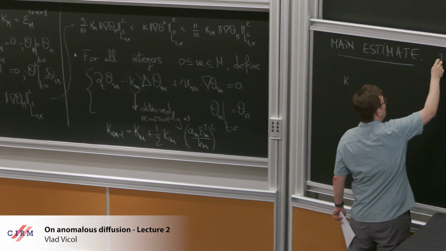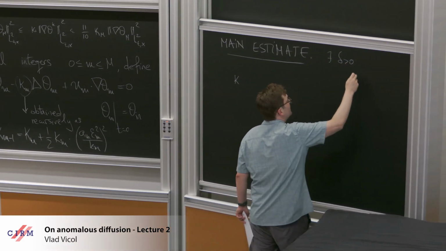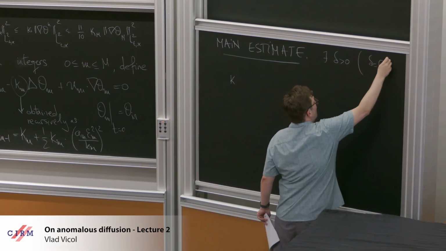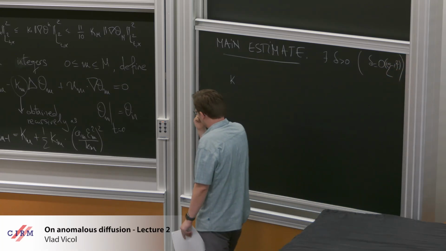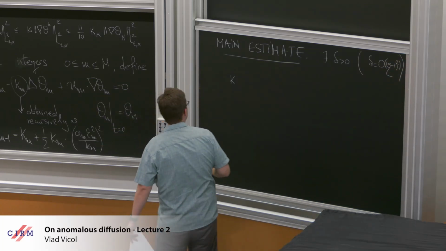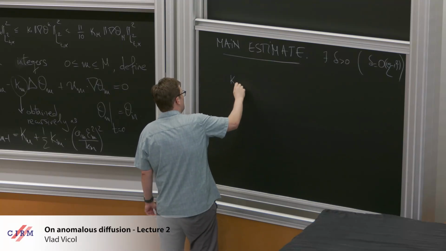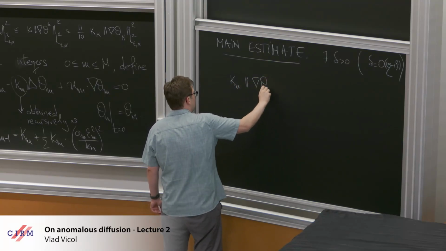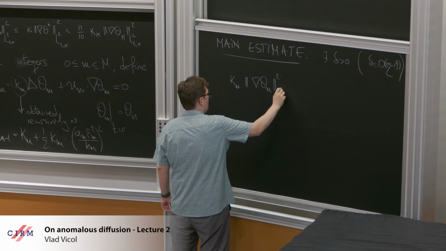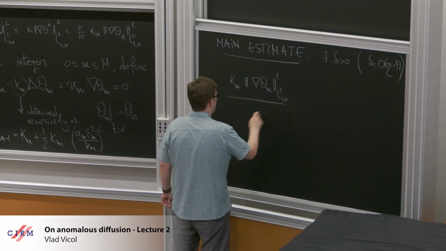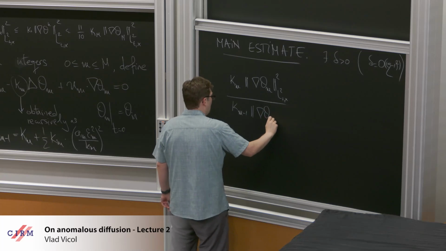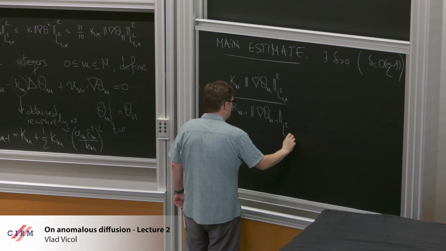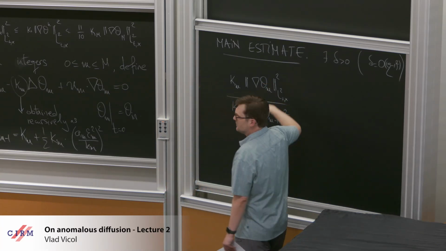There exists a small parameter delta positive. By the way, delta is capital O of q minus 1 squared. So it's much smaller than this gamma there, such that kappa m gradient theta m squared divided by kappa m minus 1 is close to 1.